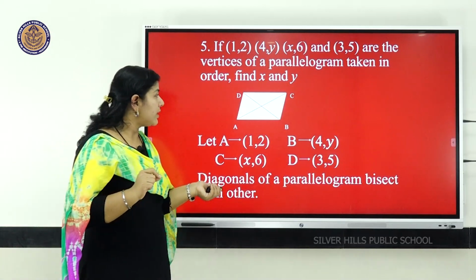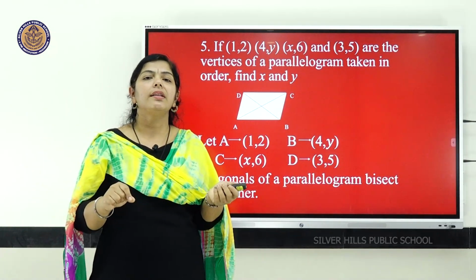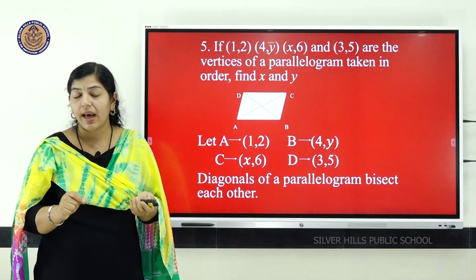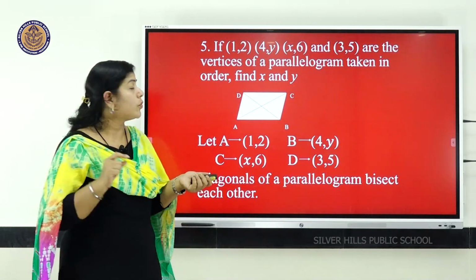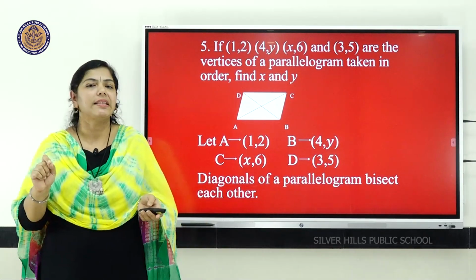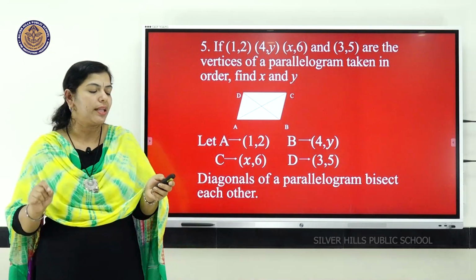Using this property, we are finding the values of x and y. Two diagonals bisecting each other means the midpoints of the two diagonals will be the same.